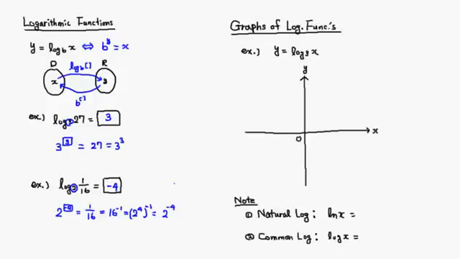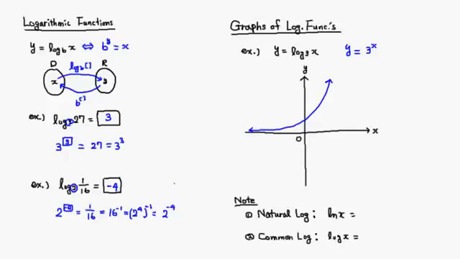The corresponding exponential function of the same base is y equals 3 to the x. We know how to sketch 3 to the x. Since 3 is bigger than 1, it's an increasing exponential function, which looks kind of like this.